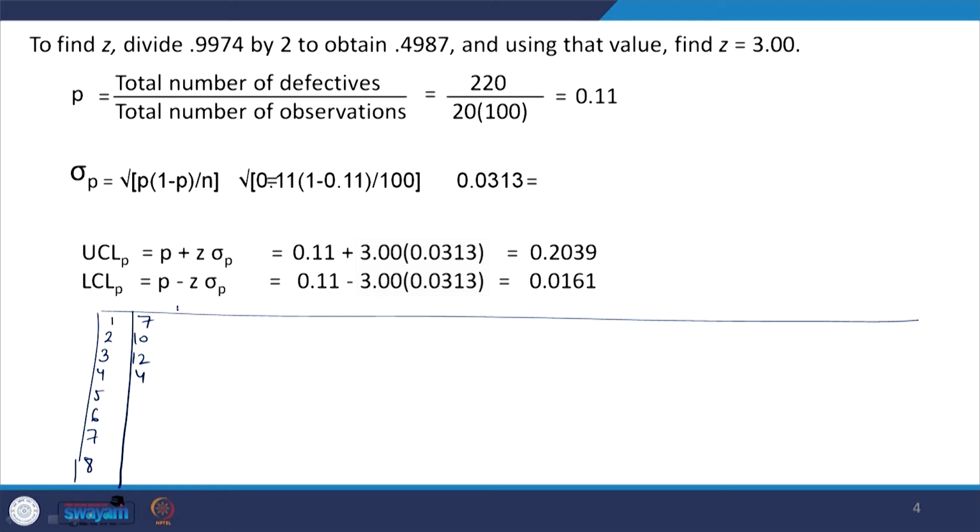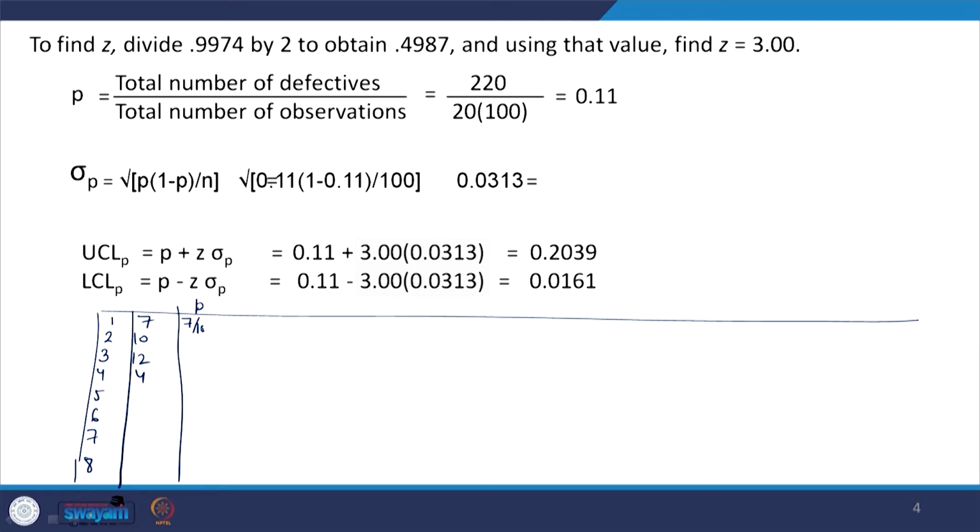You can calculate the p value for each sample, and the p value for each sample is the number of defective pieces divided by the number of items taken in that sample. You have taken 100 items in a particular sample.